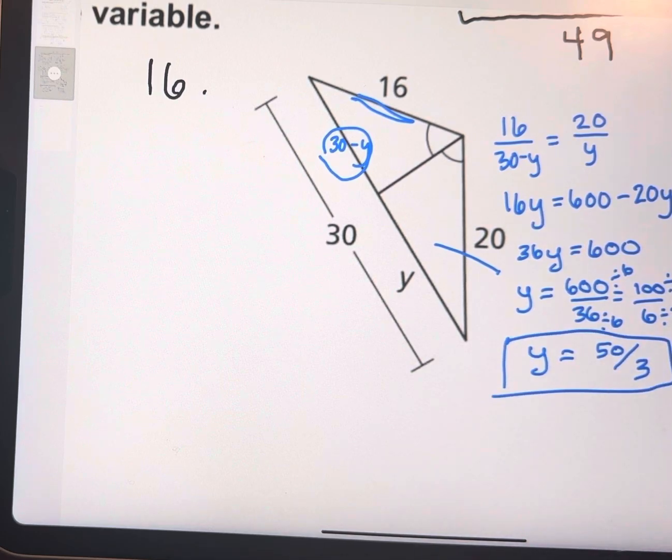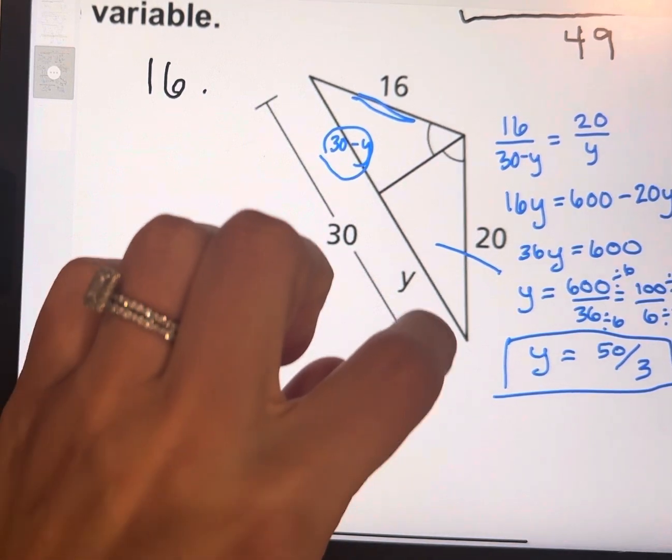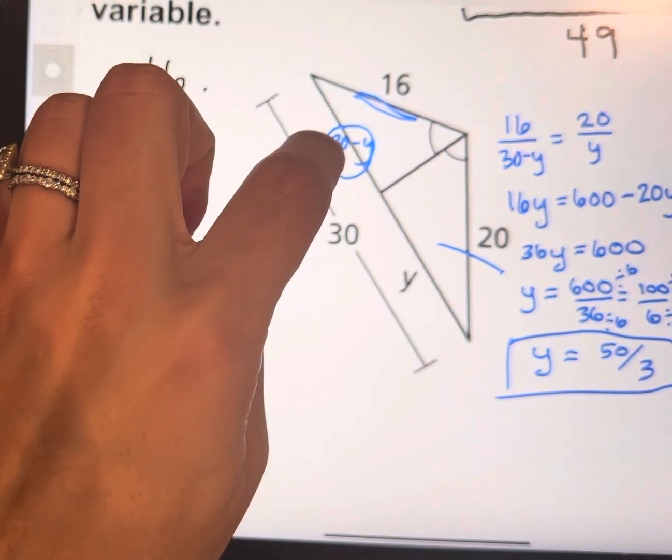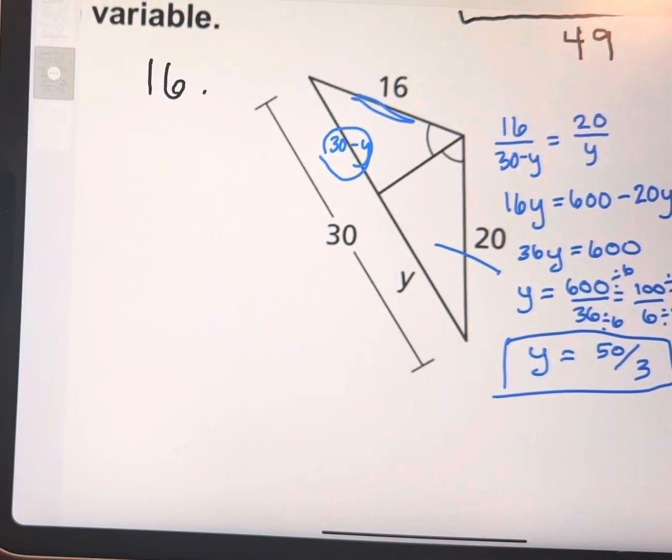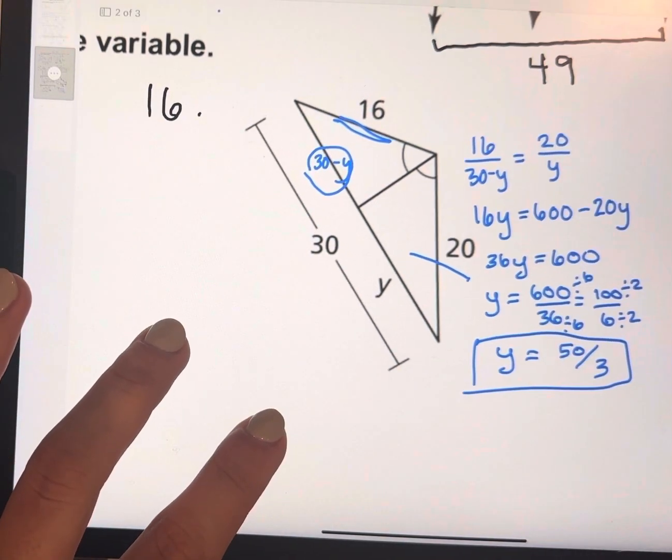Okay. 50 over 3 is 16-ish, 16.6. Does it make sense? Yeah, that makes sense. y here would be 16 and this would be about 14. So 20, 16, 16, 14 makes sense. Okay, perfect.